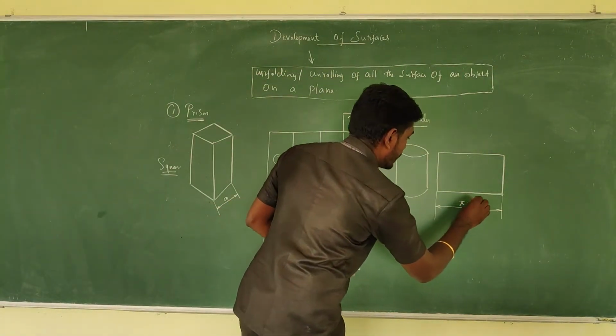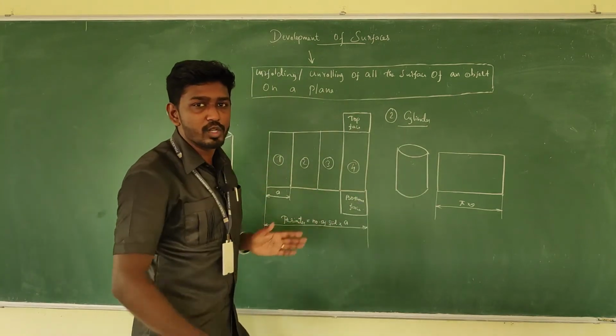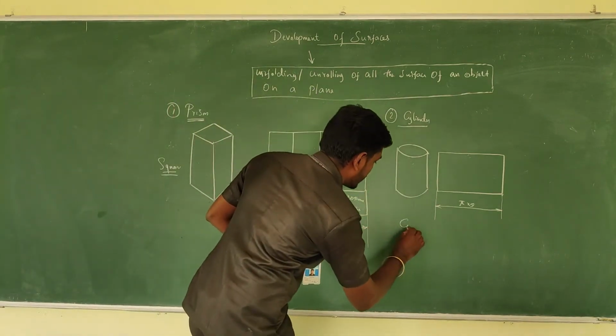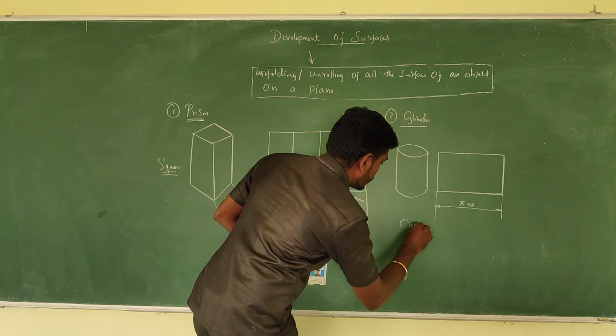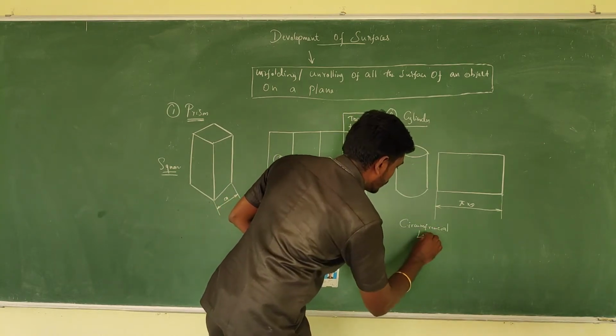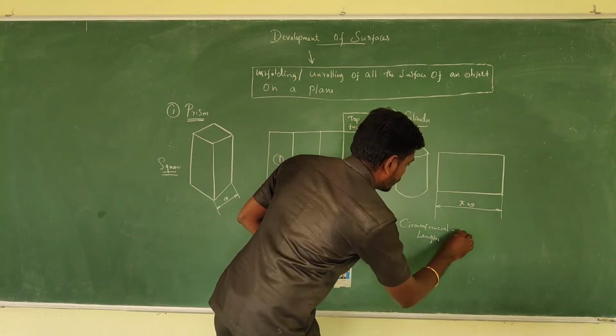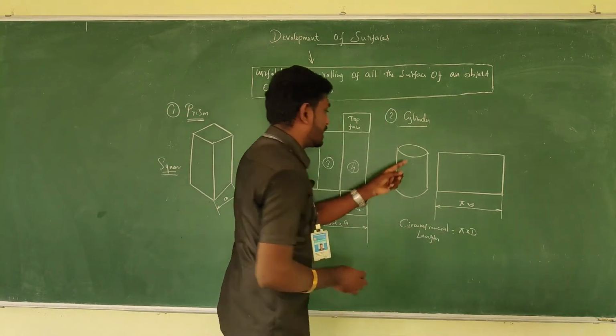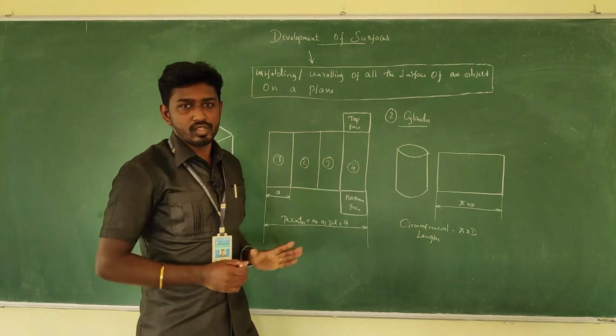The stretch out length is pi into d, where d stands for the diameter of the cylinder.